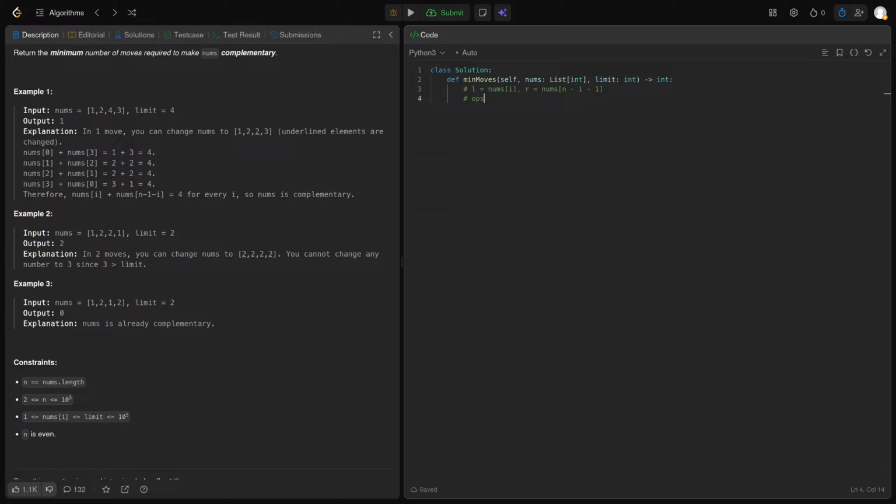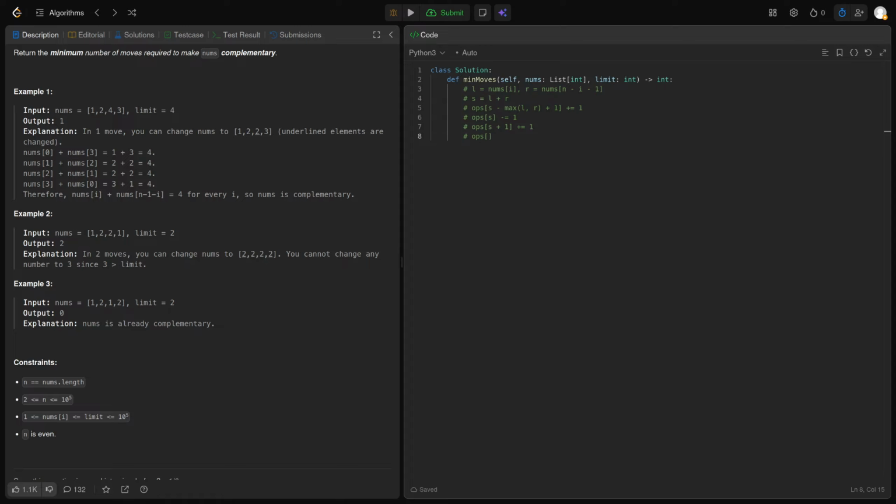Then we do ops. Let's say S is L plus R, and then ops S minus max(L,R) plus 1, so we add 1 there, and then ops[S] minus equals 1, and then ops[S plus 1] plus equals 1.